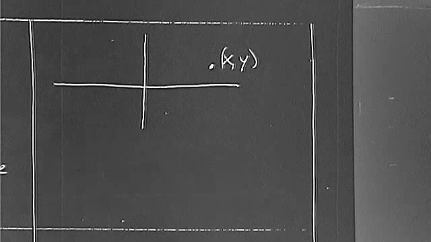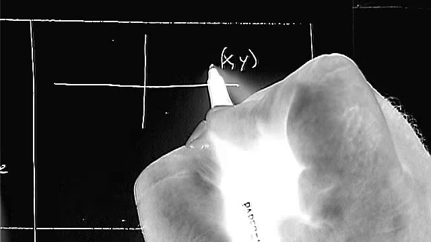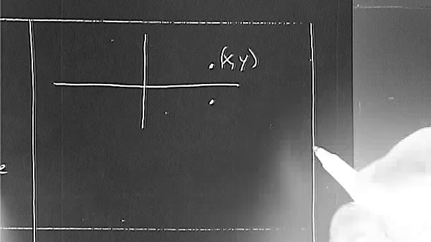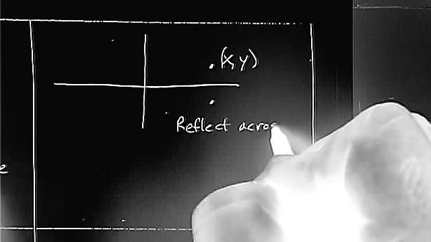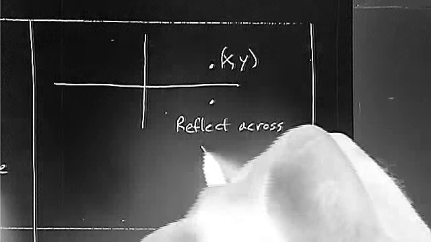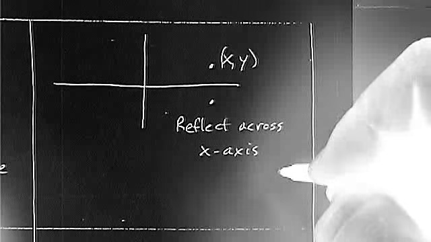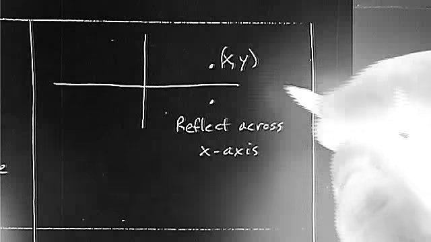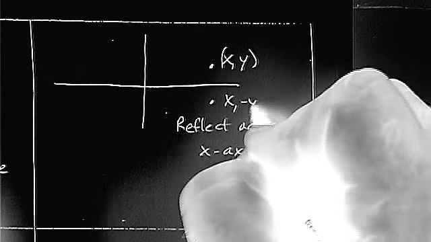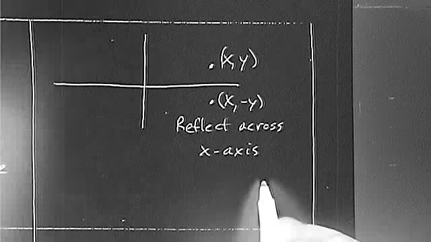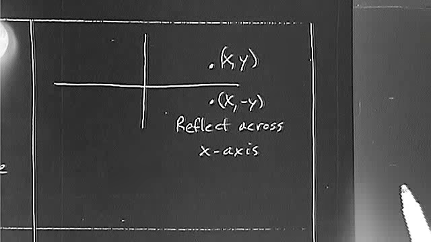Okay, what happens when you take a point xy and you reflect it across, let's say, the x-axis? Alright, doesn't that mean that we have a negative y value? So this would be the point x, negative y. I'm going to kind of speed things up here.